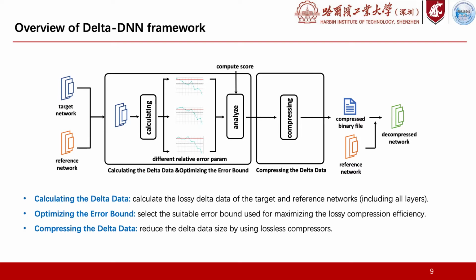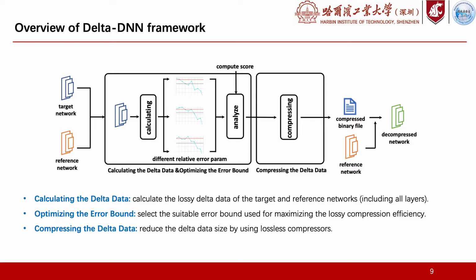The general workflow of Delta-DNN is shown in this figure. To compress a neural network, which we call the target network, we need a reference neural network. A reference neural network is usually the former version of this DNN in the training process. Specifically, Delta-DNN consists of 3 key steps.